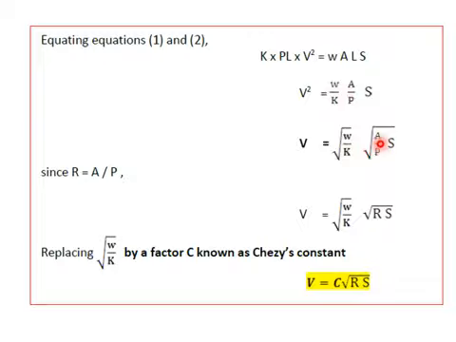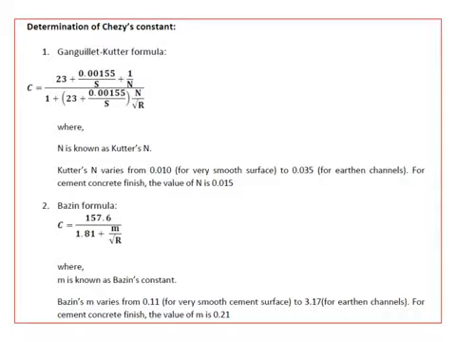But A by P is nothing but the hydraulic mean radius, and this specific weight is a constant, K is a constant, replaced by another constant known as the Chezy's constant. Therefore the formula to calculate velocity of flow in the channel section is V is equal to C root RS. There are various formulas to calculate Chezy's constant.